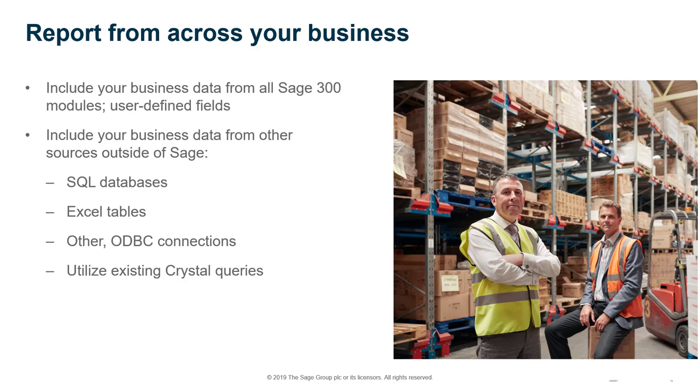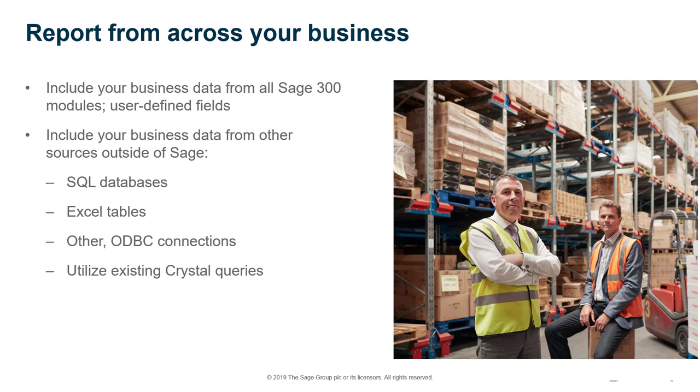So we do have a specific module within Sage Intelligence that enables you to connect to additional modules within 300. And by that I mean maybe a project module, payroll, or anything outside of your general ledger, for example.